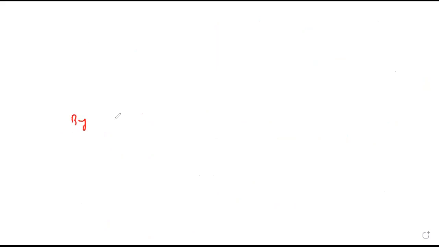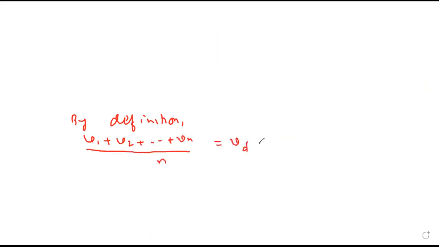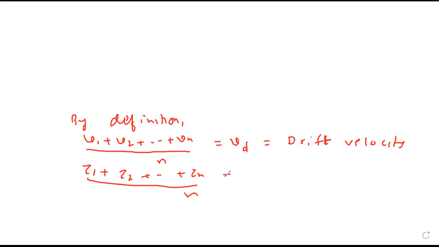By definition, V1 plus V2 dot up to Vn divided by n is denoted as Vd, which is called drift velocity. Tau 1 plus tau 2 up to tau n divided by n is tau. This is called average relaxation time.